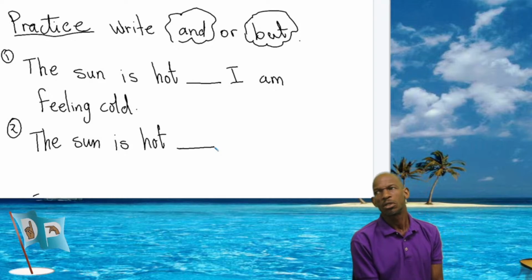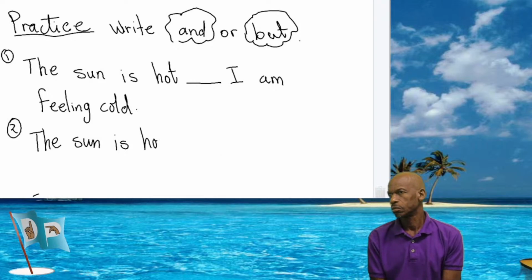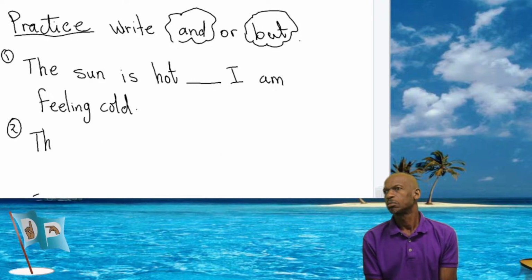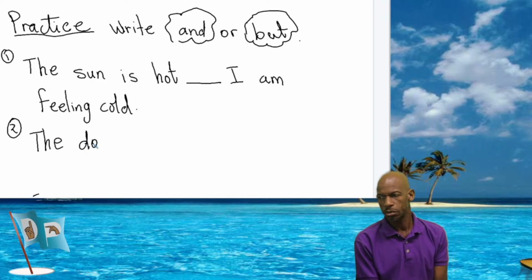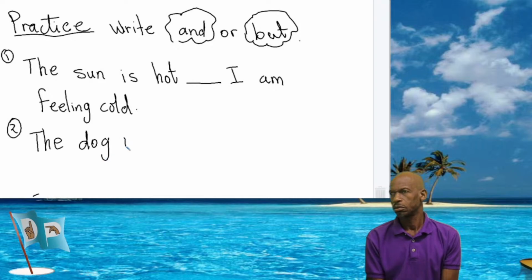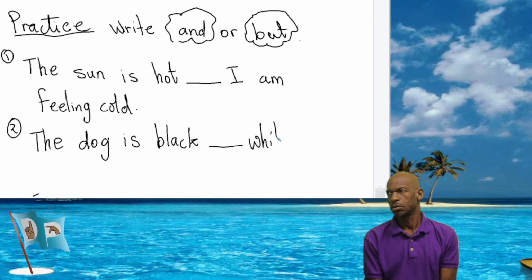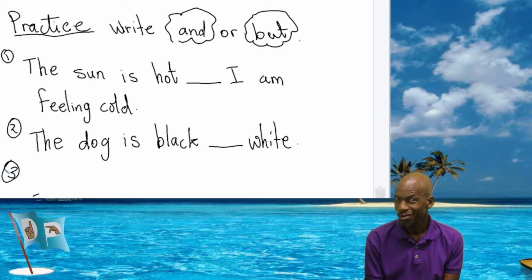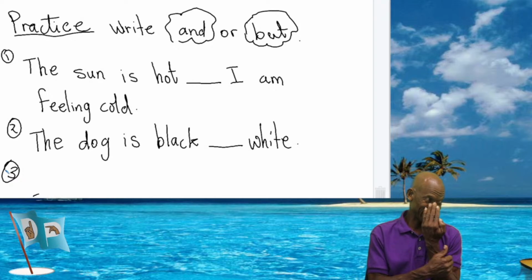Okay, let me use a different one to complete. All right, I use a different word. Okay, I put in: the dog is black, something. The last one. Now you have to put in either "and" or "but" in that space. You want to see which one you're going to put in.